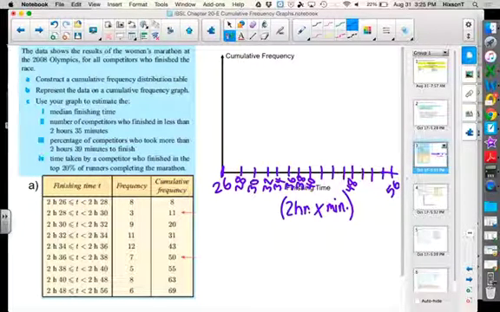Okay? So there you have it. You've got your x-axis labeled.